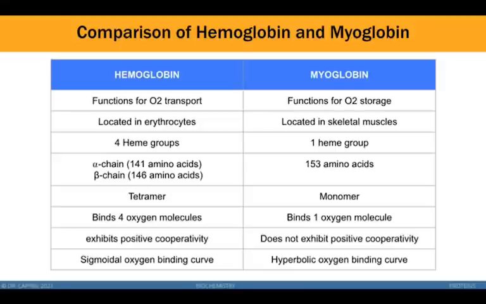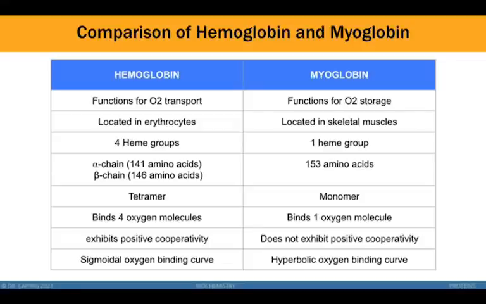Hemoglobin is a tetramer, meaning it consists of four polypeptides, two of which are identical to each other, while myoglobin is a monomer. Hemoglobin binds to four oxygen molecules. Why is that? It's because it is a tetramer. Each of the four subunits of hemoglobin can bind to one oxygen molecule.